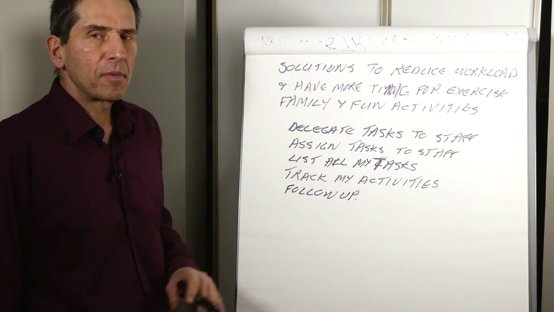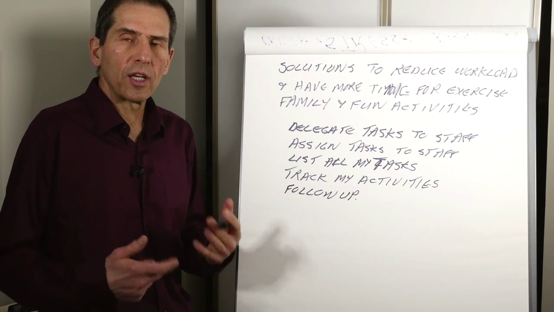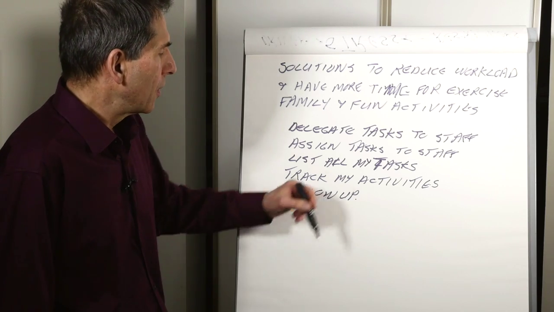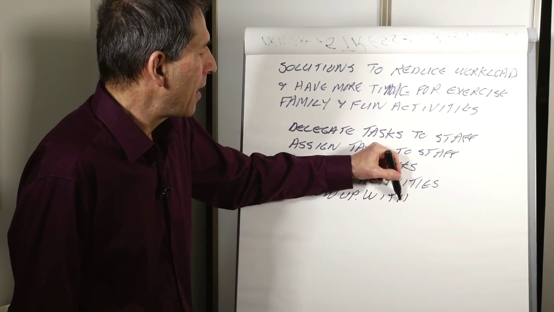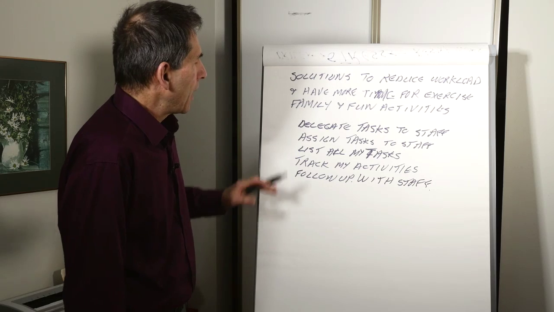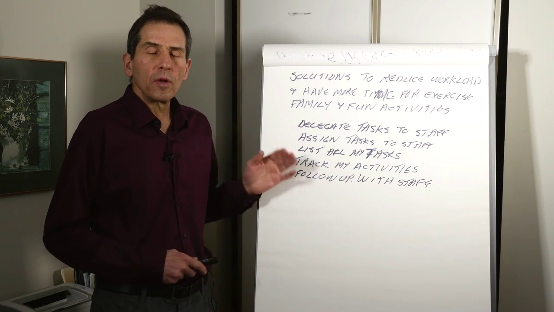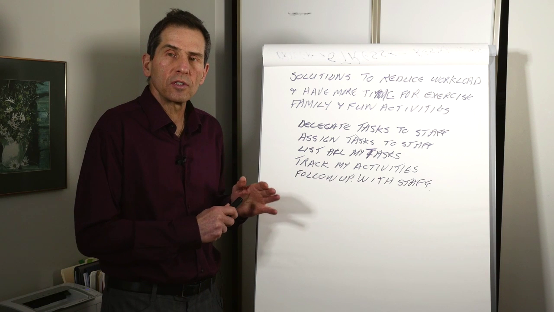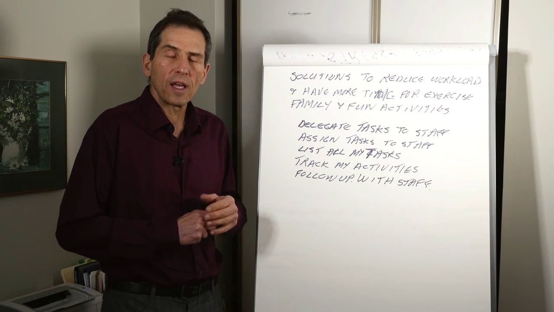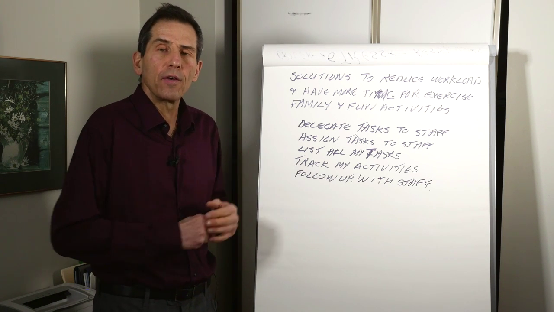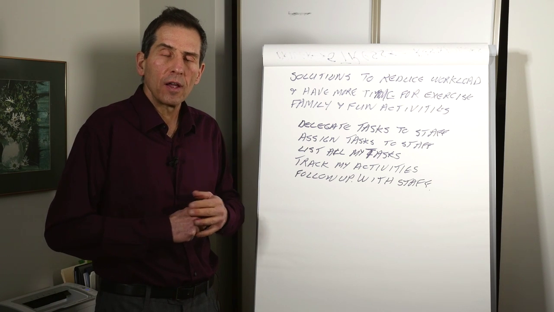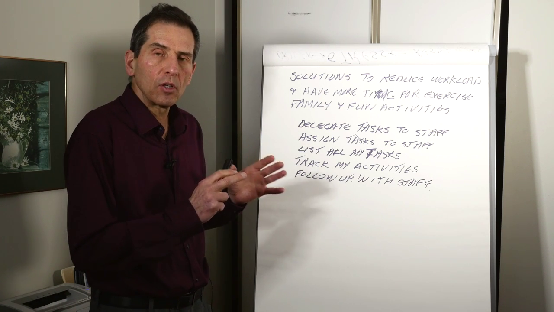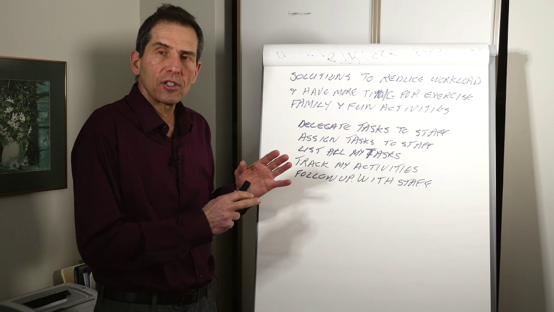And you could do the same thing if you're not a manager, if you're just looking at reducing your workload. So follow up with staff would be another thing. And of course, you need to put this into action. So these are the broad things, the solutions, the actions that you want to take, and you could do this for any of your restrainers that you've identified. So you need to formalize a solution, identify the action steps.